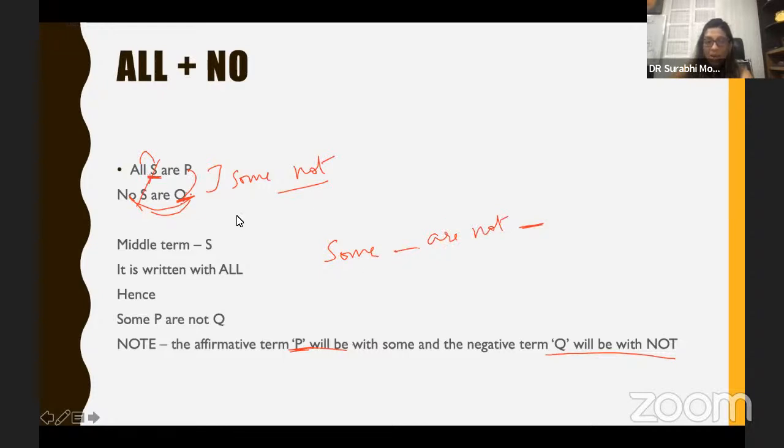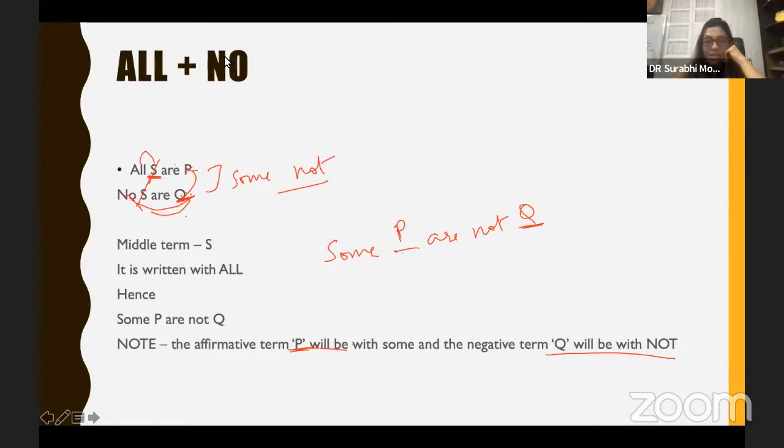Now I have to see where to write P and where to write Q. Remember, the affirmative statement term is written with some, and the negative statement term is written with not. So in this case, when the middle term is written with all, my answer will be a some not answer. The affirmative term goes with some and the negative term goes with not. Why? Because the middle term is removed. So my answer will be some P are not Q.